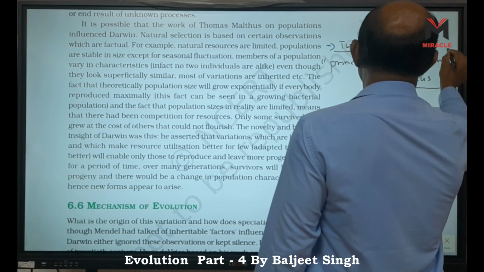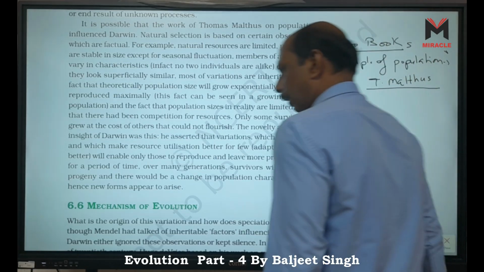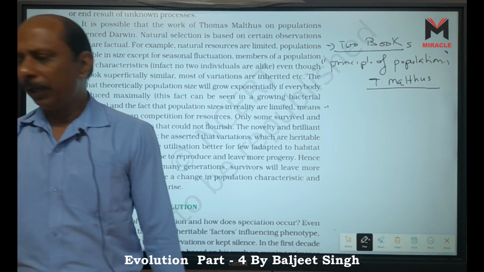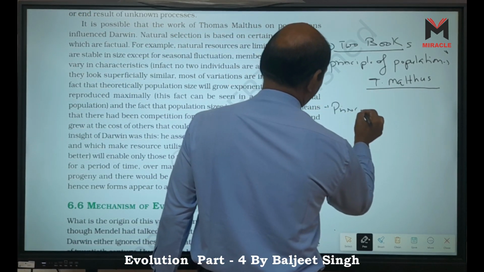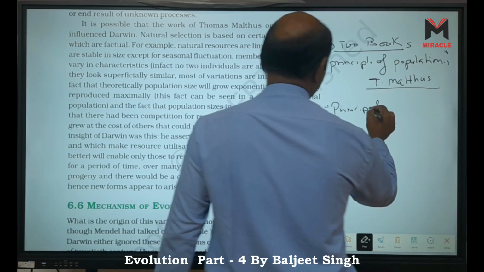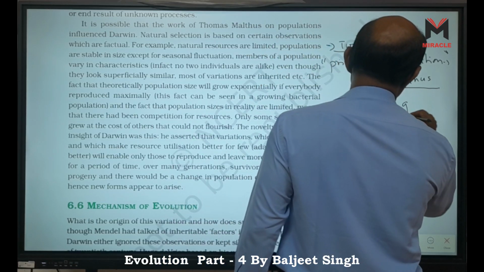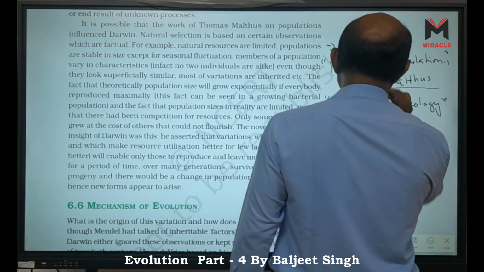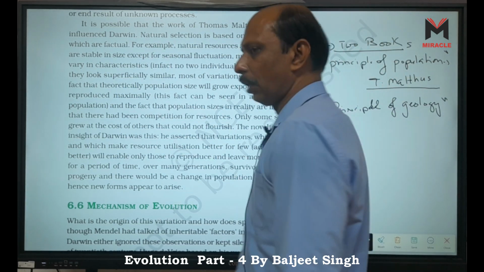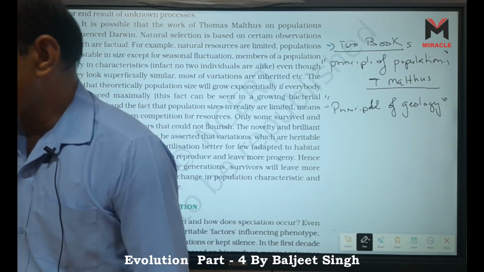One book, and the second book in our text is Principles of Geology, written by Charles Lyell.